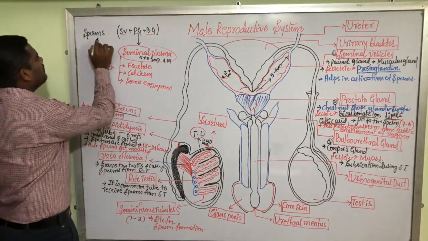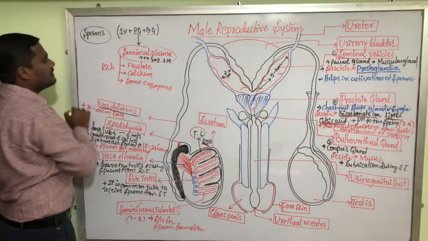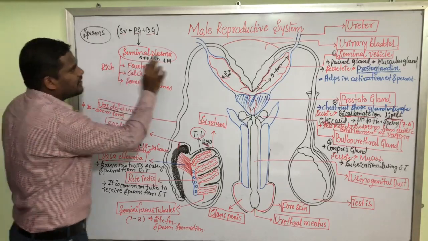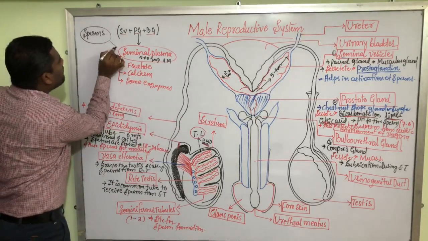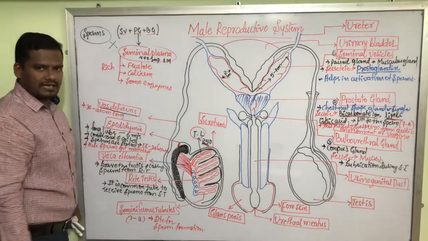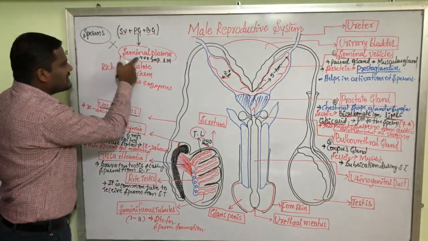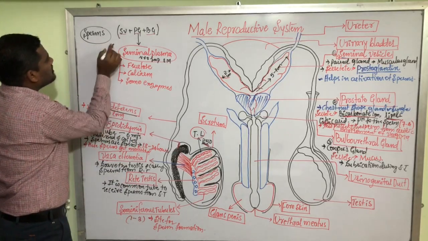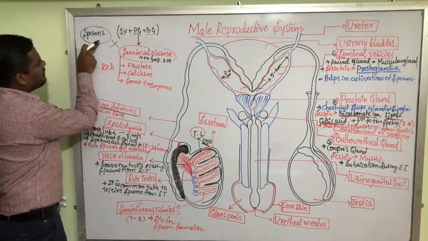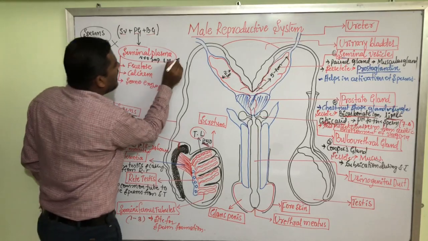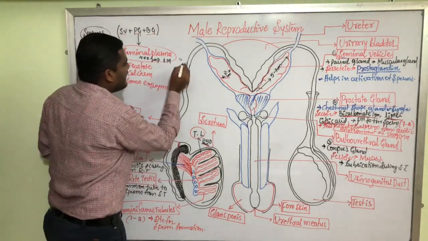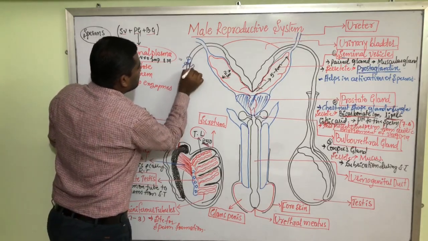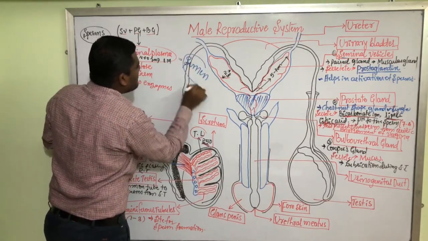Now, sperms are produced inside the testis. Seminal plasma is a secretion of glands. Sperm plus seminal plasma, not seminal vesicle. It is a plus sign. Sperm plus seminal plasma equals what is called semen.